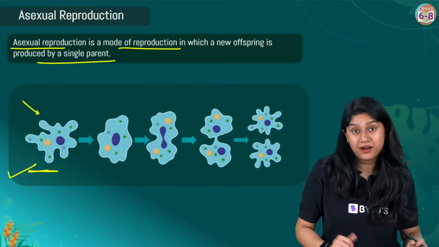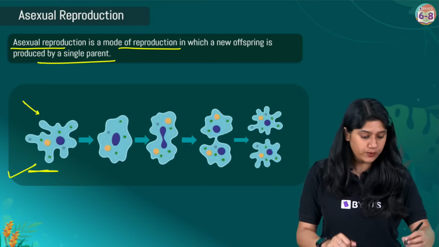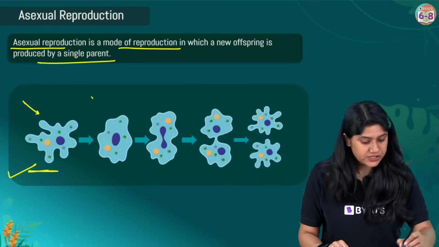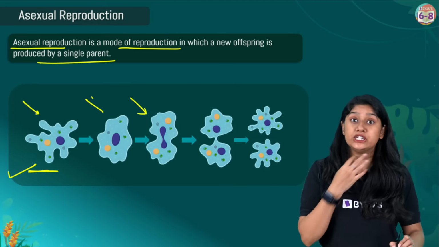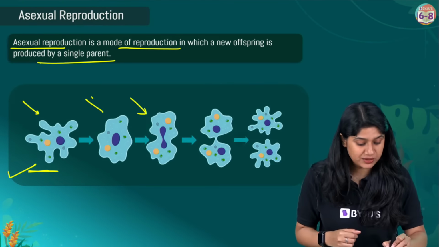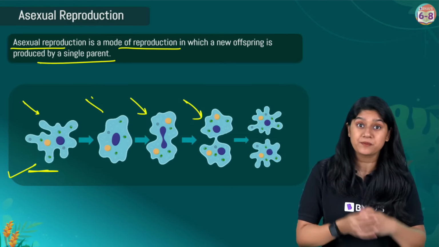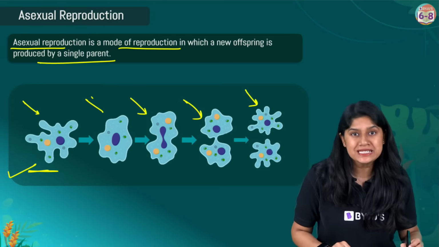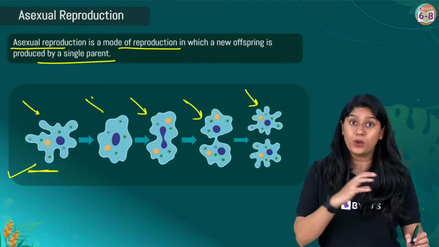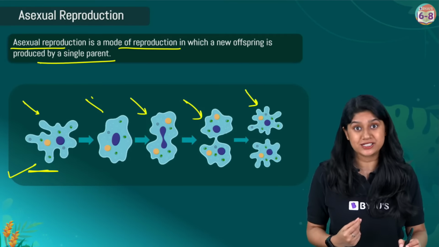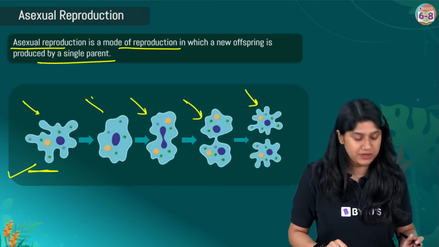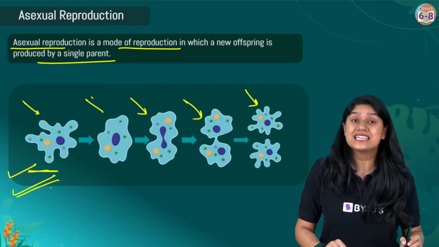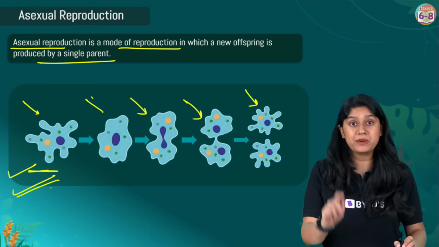In the amoeba we will see division happening. First, of course, we'll see the division of the nucleus. After some time, we will see the division of the cytoplasm, and eventually we will see the formation of 2 daughter cells. So 2 daughter cells are produced by one amoeba. This is asexual reproduction, so do remember the example.